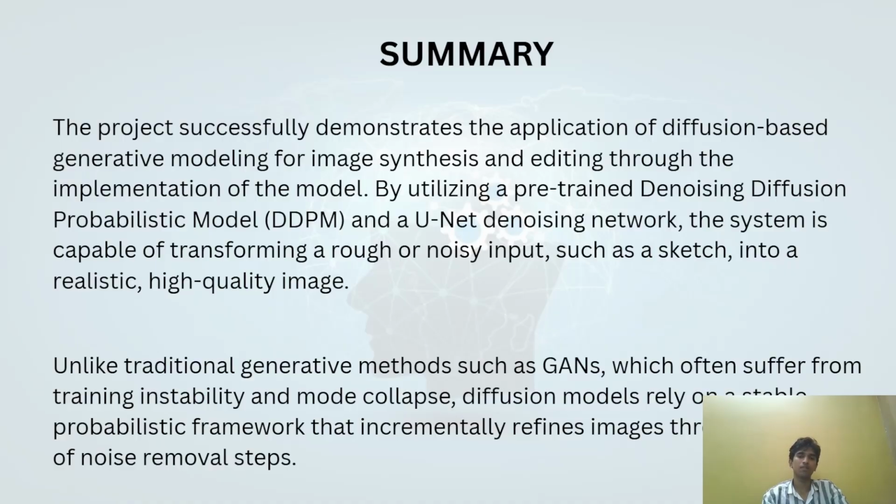The model becomes capable of transforming a rough or noisy input, which is a sketch here, into a high quality image. Not high quality, but a realistic image. Unlike the traditional models, these diffusion models rely on a probabilistic framework, which refines our images through a sequence of noise removal steps.